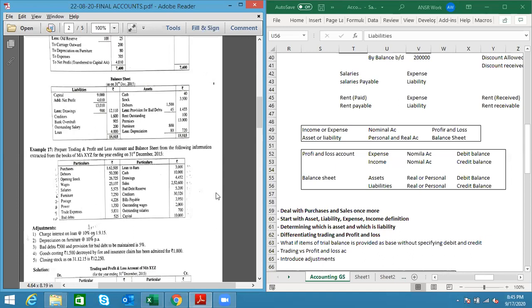So what they do is, they see the historical data and determine on that basis what percentage of the debtors normally go bad. In our example, it was 5%. Suppose the debtors were of a certain amount, then 5% of the debtors is assumed to go bad. That is what is called provision.